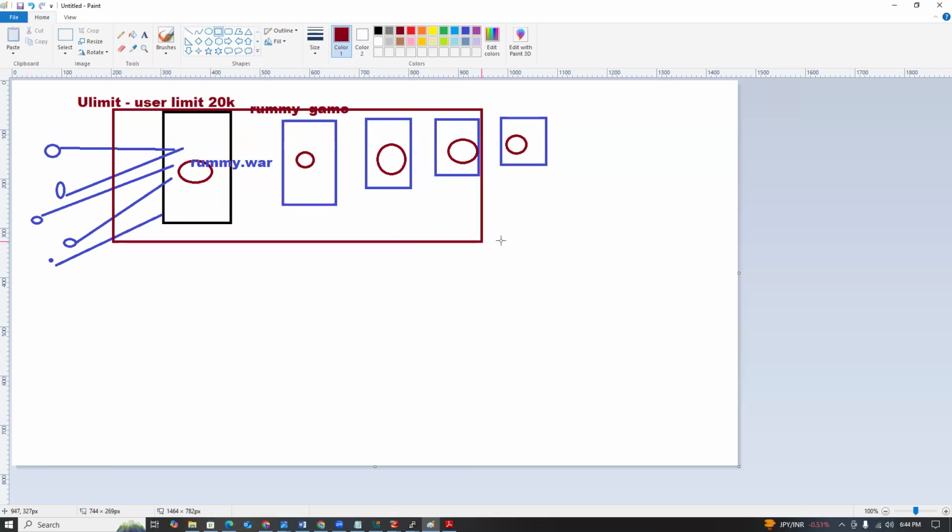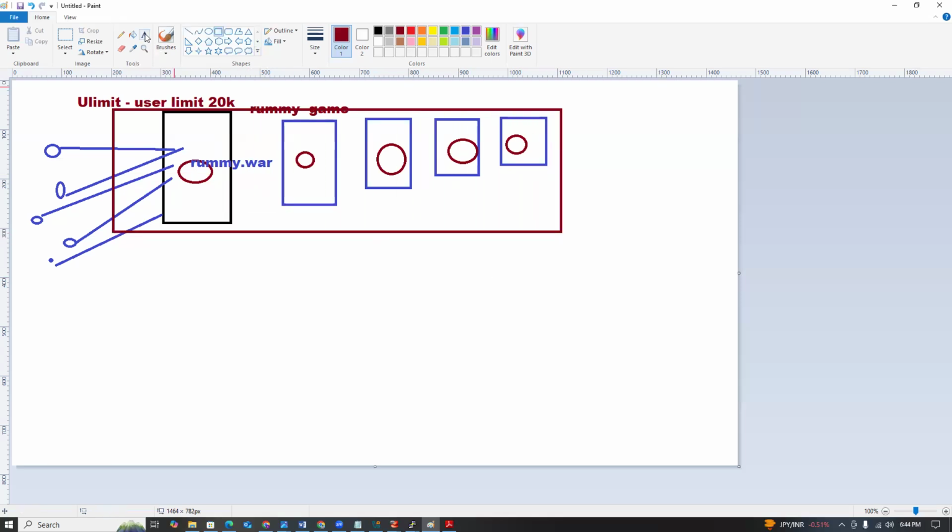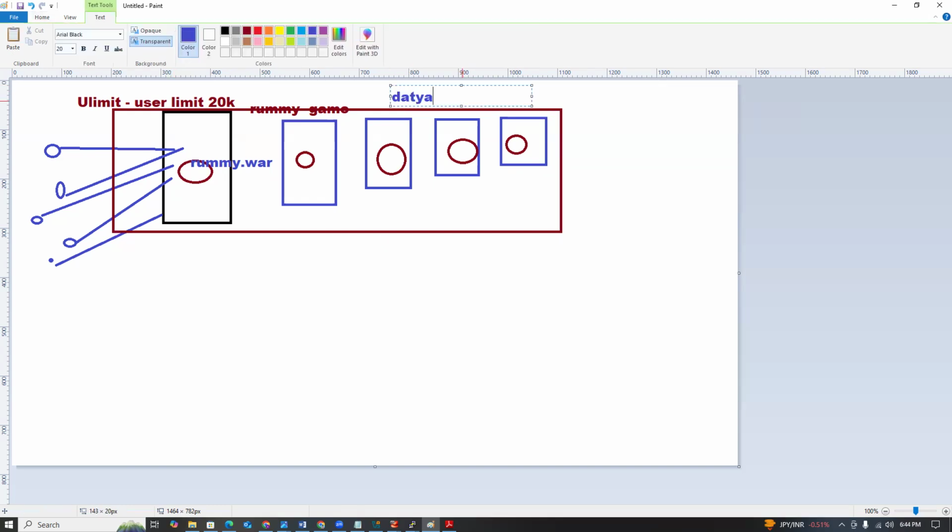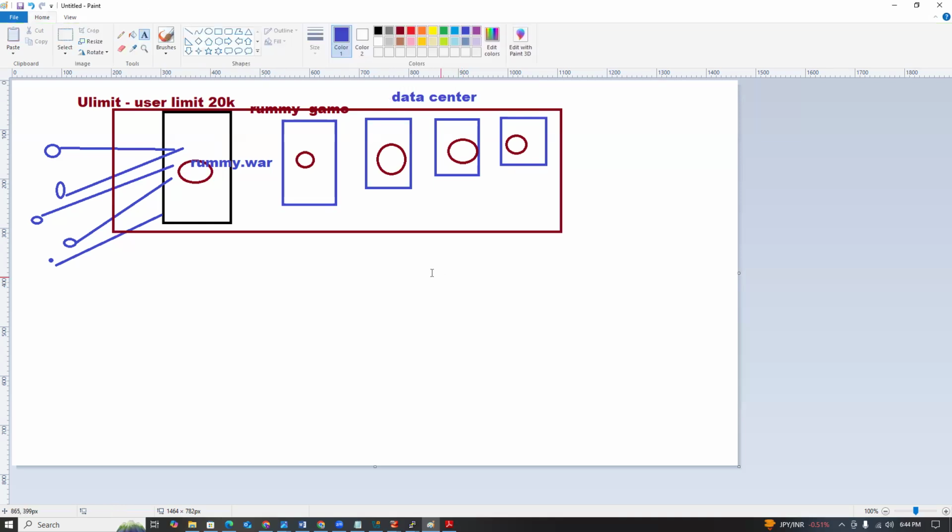But these servers are located in the data center. Whether you are using them or not, definitely we need to pay the money. Once the load exceeds 20K, when the 20,001st person joins, it is automatically routed to the second server.